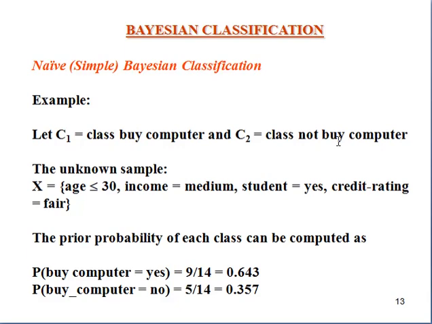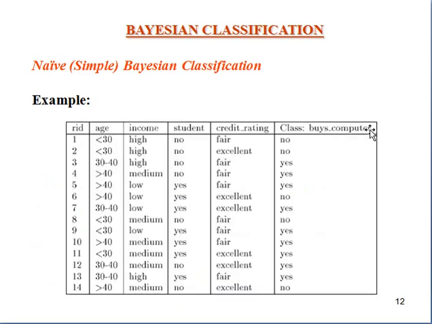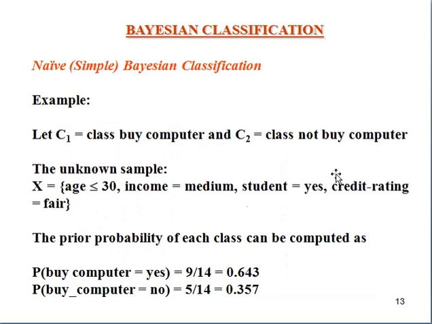So we have two classes here, because if this is our output class, then you can see there are only two values, yes or no. So the total number of output classes which we can make with this column is 2, because we can either have a person who is able to buy a computer, or on the other hand the person may not be able to buy the computer. So we are representing one class with C1 and the other class with C2 here.